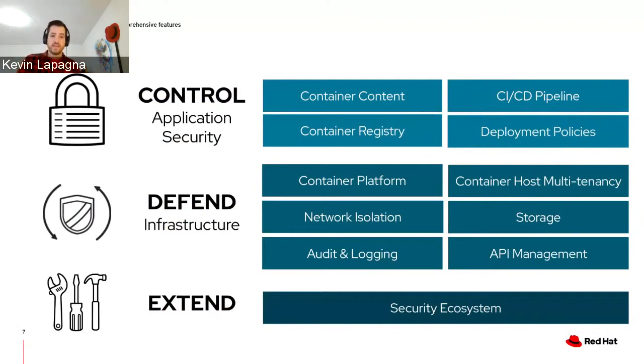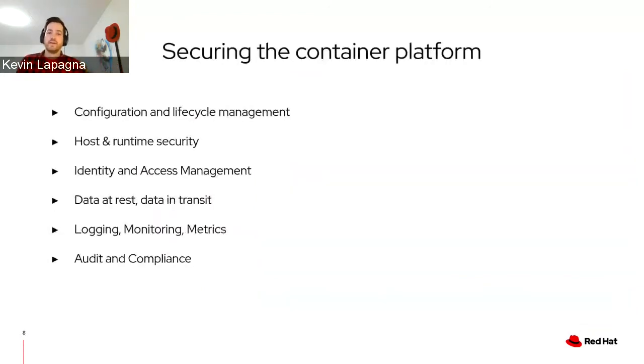The next thing is that you can extend it, because usually OpenShift doesn't stand by itself. It's embedded in a whole environment, and you have to make sure it works with all the other security measures that you have in place in your company as well. What you have to do there is, first, configuration and lifecycle management of all of your containers.